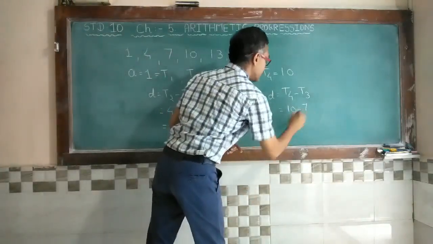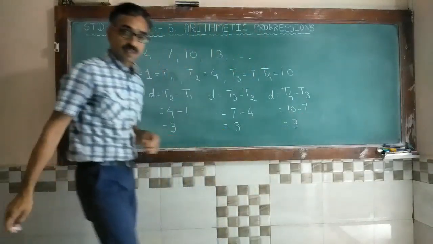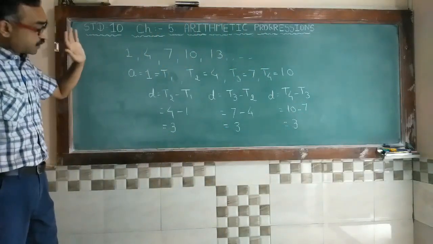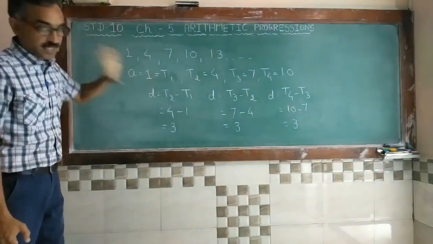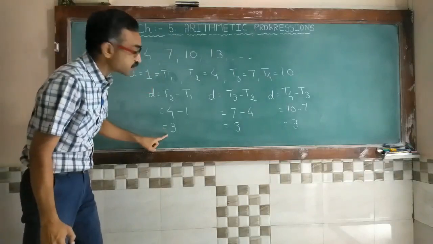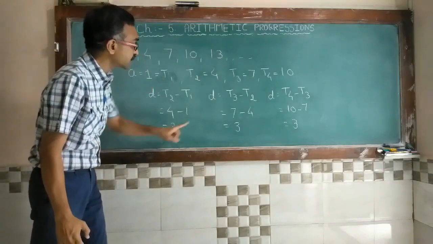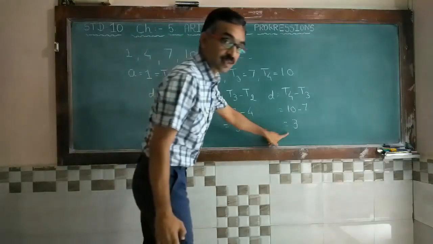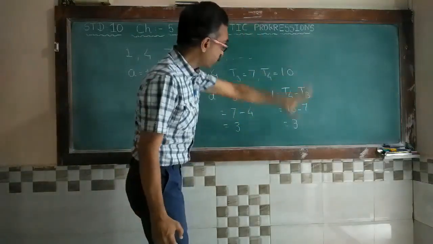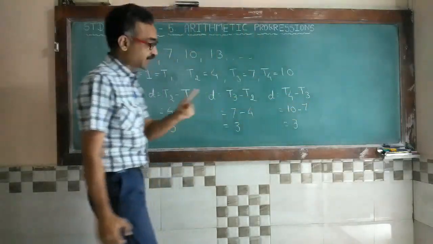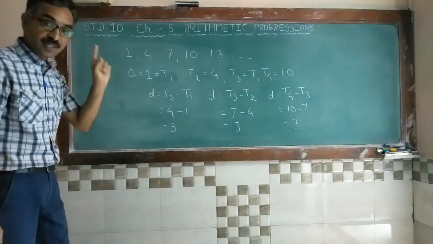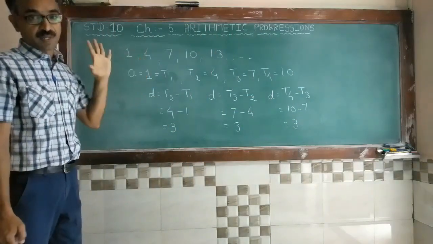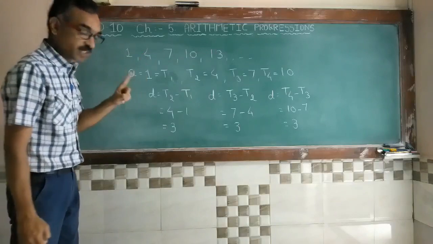Third term is 7, that is 3. Now see here, every time d is always a fixed number. Here 3, here 3, here 3, and so on. Whenever you find d, it is always 3. That means the difference is always a fixed number.